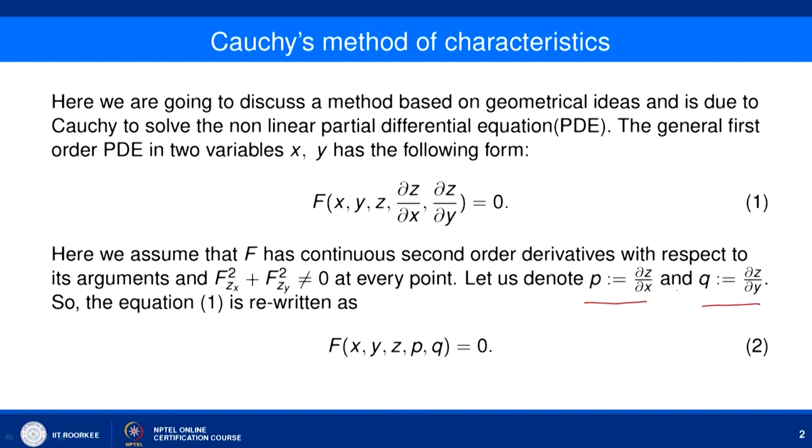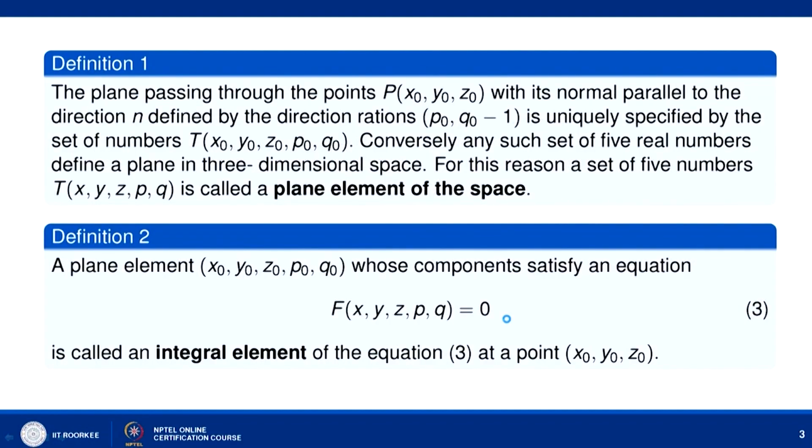So, in terms of p and q, we can rewrite our equation number 1 as f(x, y, z, p, q) = 0, and our aim is to solve this first order nonlinear PDE using geometrical ideas.